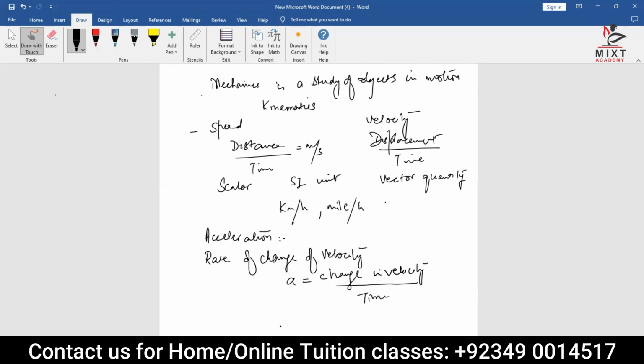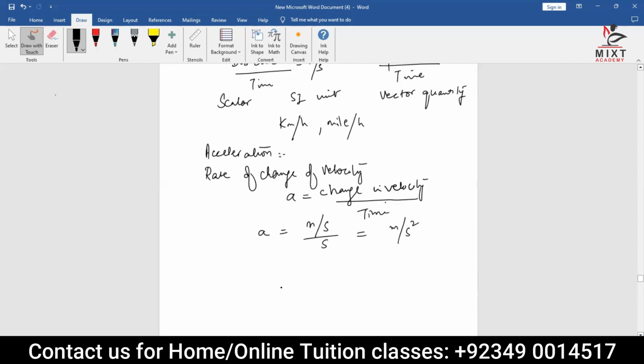What will be the unit? Change in velocity means velocity, so velocity is in meters per second and time is second. So the acceleration SI unit will be meter per second squared. Other commercial units are kilometer per hour squared, miles per hour squared.